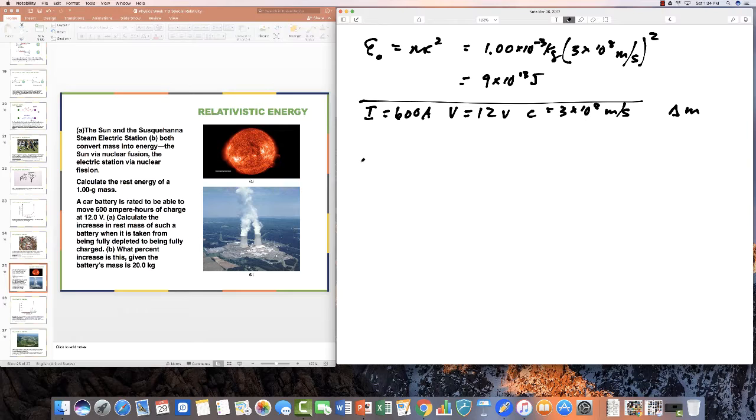The appropriate equation here is that the change in energy is going to be equal to the change in mass times c squared. And so the change in mass is going to equal the change in energy divided by c squared.